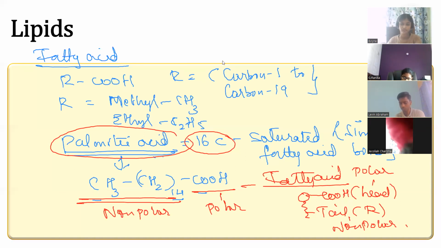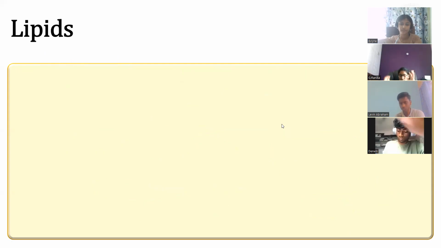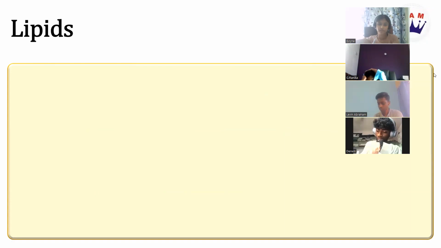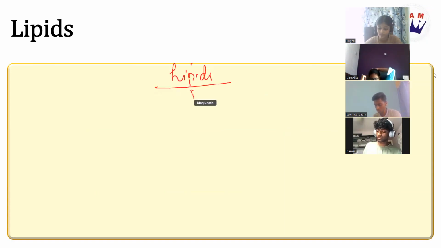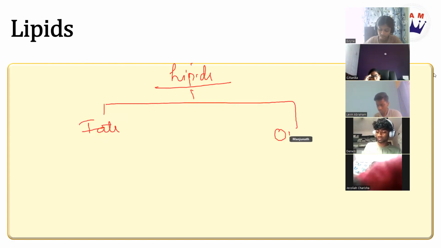Next, finally, we shall conclude with lipids. Lipids are broadly divided into two types: fats and oils.